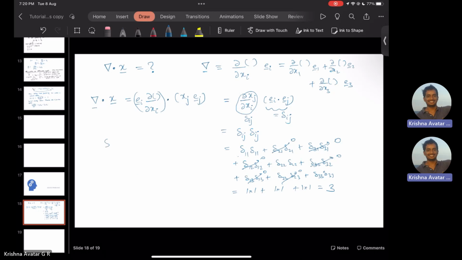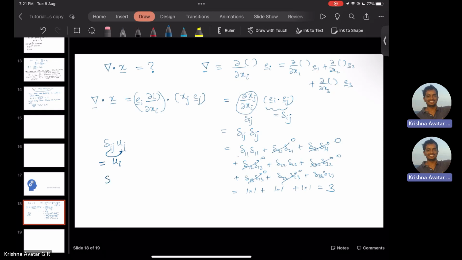If you have delta ij and xj, or delta ij and uj, then delta has an index which another term also holds in the same symbol grouping. So delta will just replace the repeated term with the other index it has. This gives us ui. So if j is repeated, j will be replaced by i.